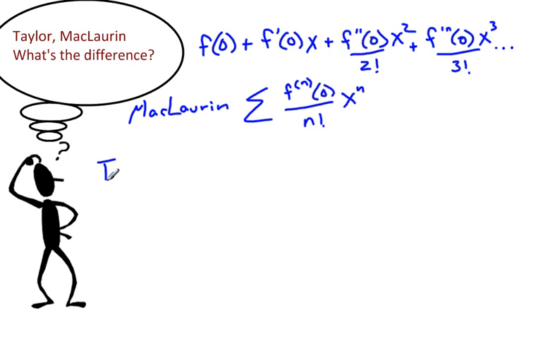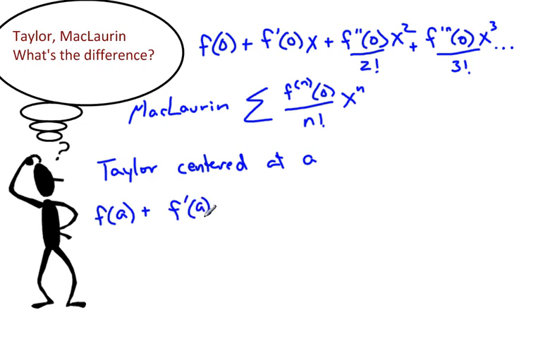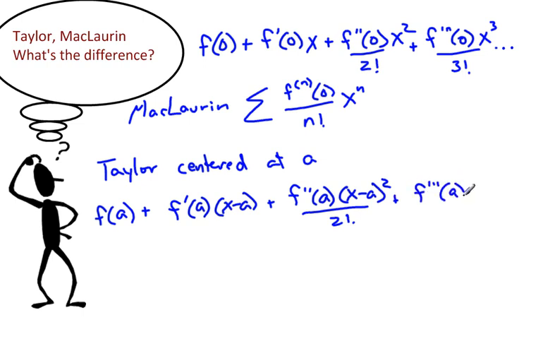So what's different for a Taylor polynomial? A Taylor polynomial is centered at a. So now our first term is f of a plus f prime at a times x minus a plus f double prime at a times x minus a squared over 2 factorial plus f triple prime at a times x minus a cubed over 3 factorial, and we can see the pattern.